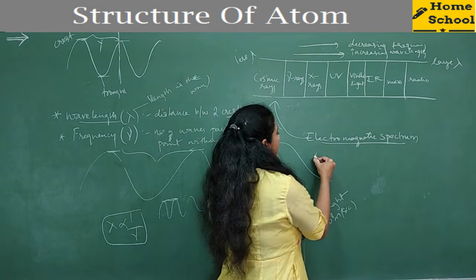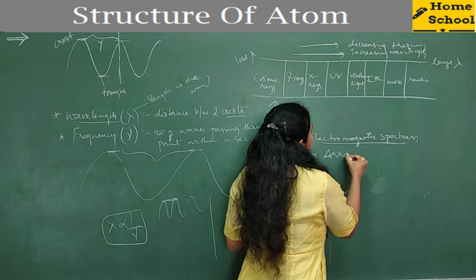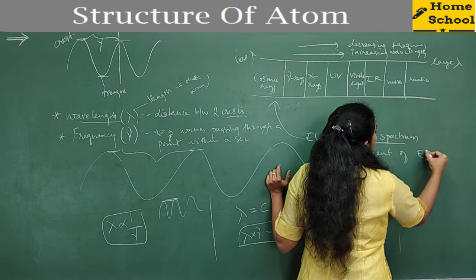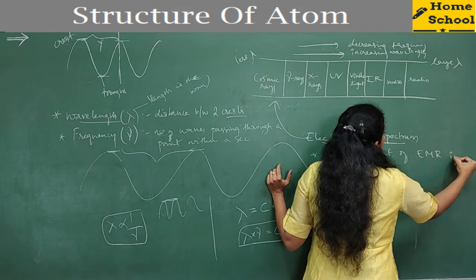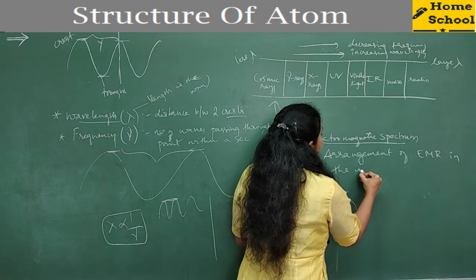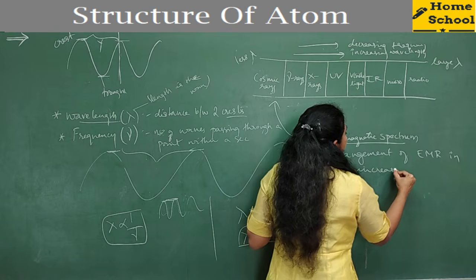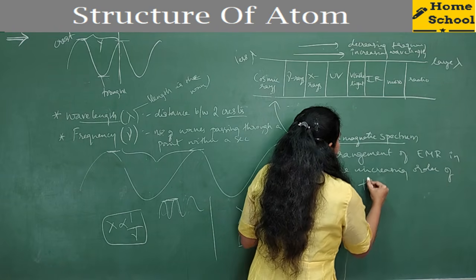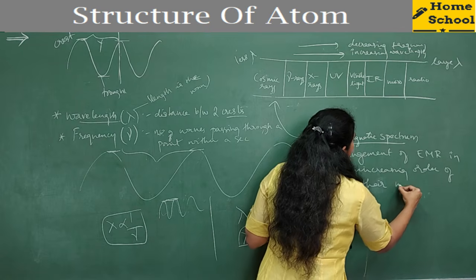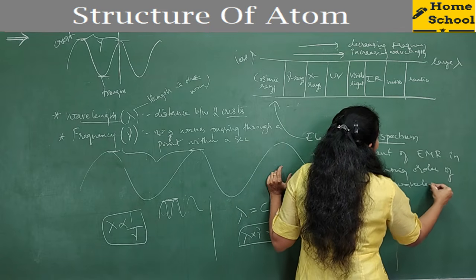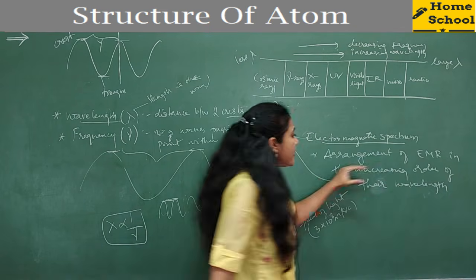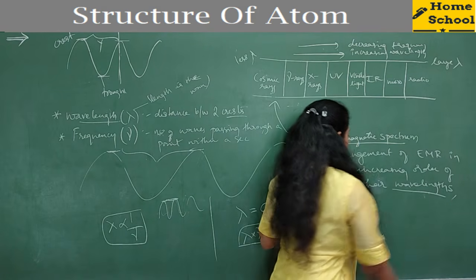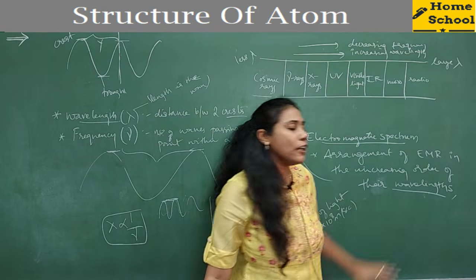So what I will write here is: arrangement of electromagnetic radiations in the increasing order of their wavelengths, or if you use the word frequency, you have to write it as decreasing order of frequency.